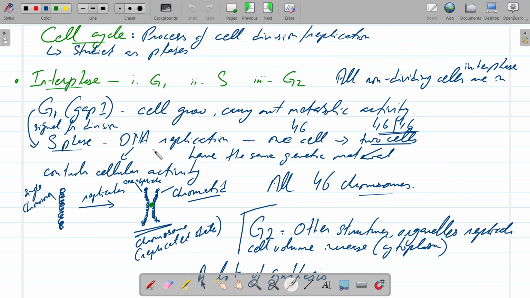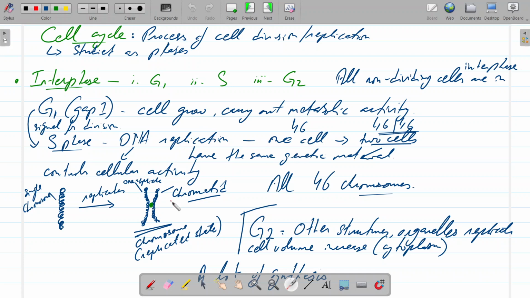Then coming to the actual cell cycle, it is the process of cell division and replication. It starts off at interphase, which is divided into G1, S, and G2 phases. All non-dividing cells are in interphase, and specifically in the G1 or gap 1 stage, where they grow and carry out metabolic activities. When they receive signals for division, they enter the S phase, where DNA replication occurs.